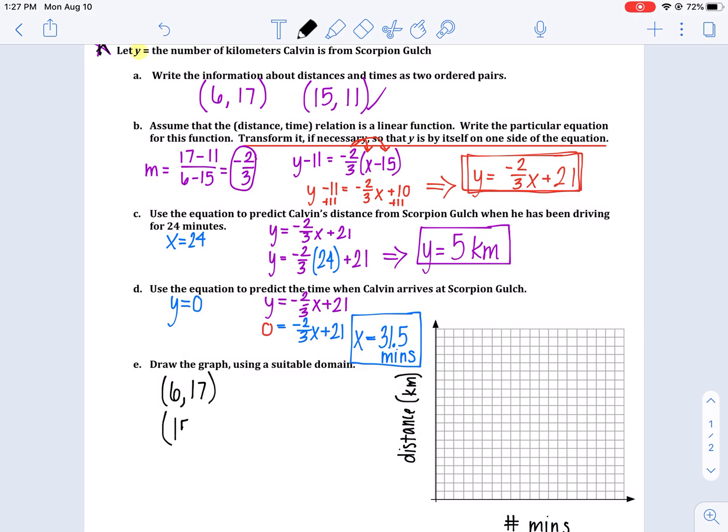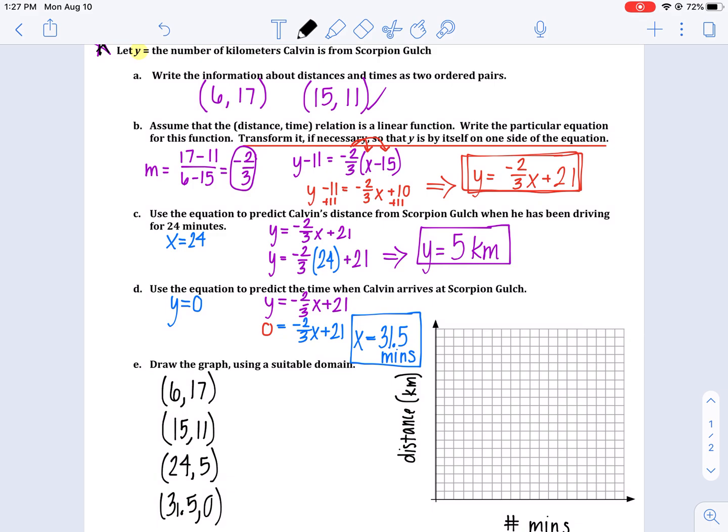You have your 15,11. In part C, you created the point 24,5. And at part D, you created 31.5, comma 0. That's a lot of different points that we can graph.